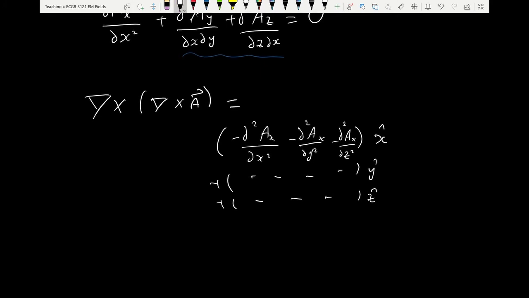And I would expect from symmetry that the y hat and the z hat components will look the same. The only thing is that instead of Ax, I'll have Ay, and for z hat, I'll have Az.